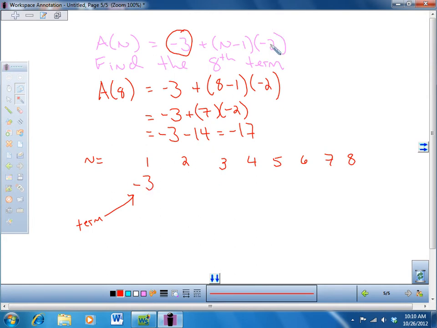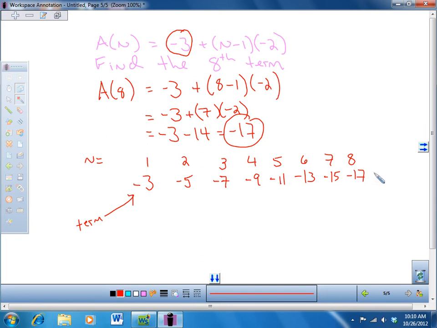The common difference is -2, so I'm taking away 2 each time. So what would be next? If I take away 2 from -3, -5. Then what? Take away 2. -7. -9. -11. -13. -15. -17, which is what we got up here.